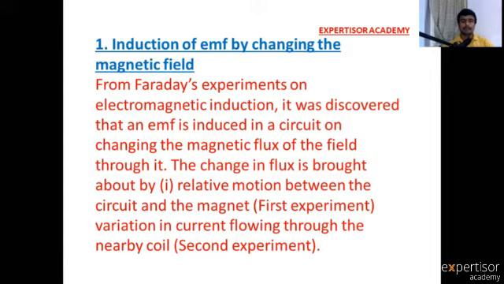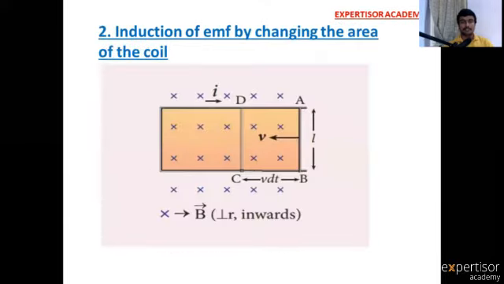So in the first method, with relative motion between the circuit and magnet, we observe a change in magnetic field, and in this situation the induced EMF develops. This is the first method.